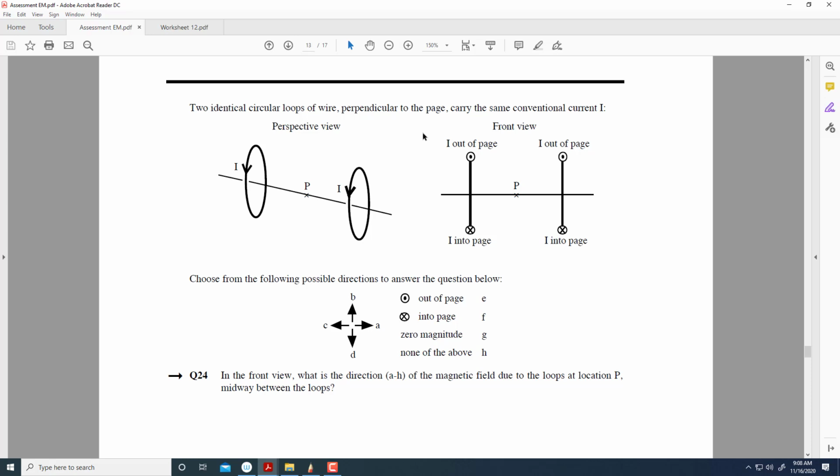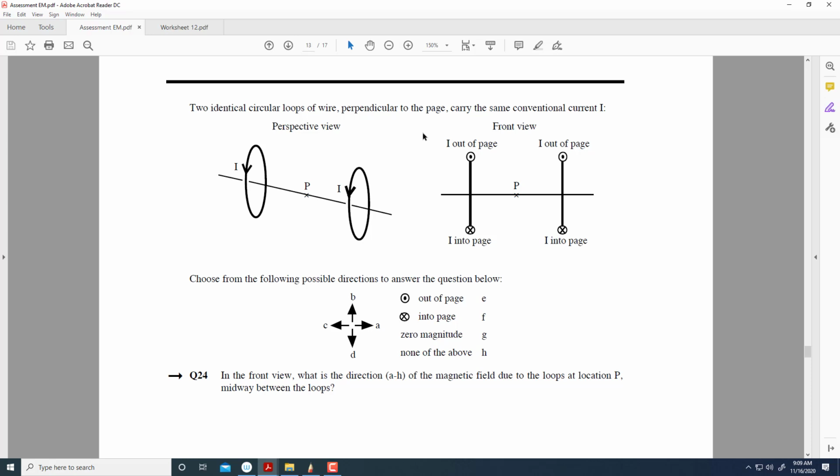You're holding this loop with your fingers. Which way are my fingers pointing? To the left or to the right? To the right. Right? So that means the magnetic field of that one is going to the right. Likewise, you do the same thing with this one.